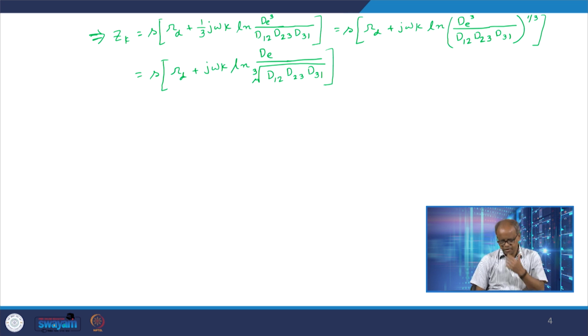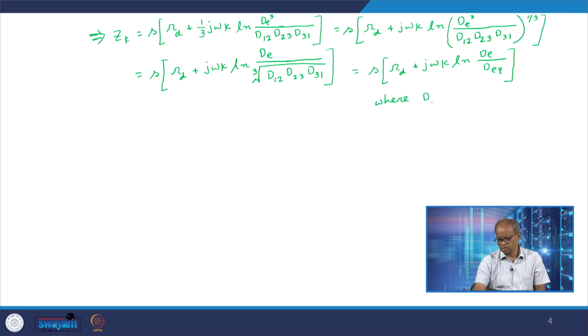Now let us write it in a more compact form as S into Rd plus j omega k log dE by dEq, where dEq is equal to the cube root of the product of d12, d23 and d31. So this is the expression of Zk.